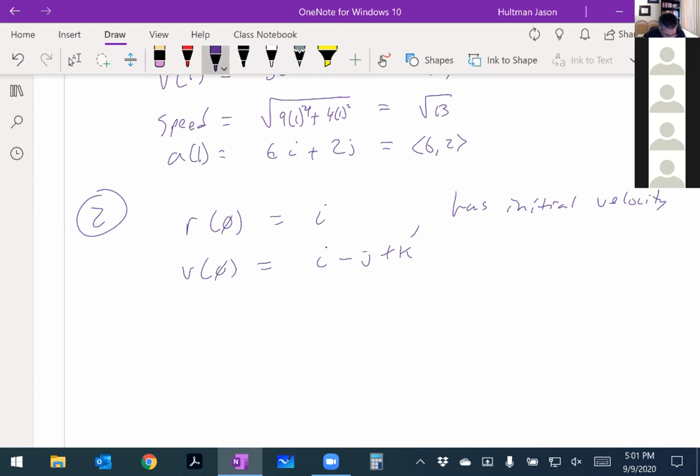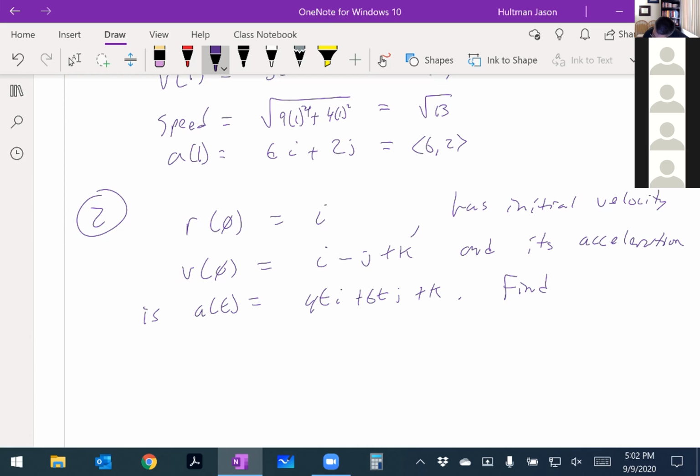and acceleration. Its acceleration is a of t equaling 4ti plus 6tj plus k. Okay, find its velocity and position at time t.